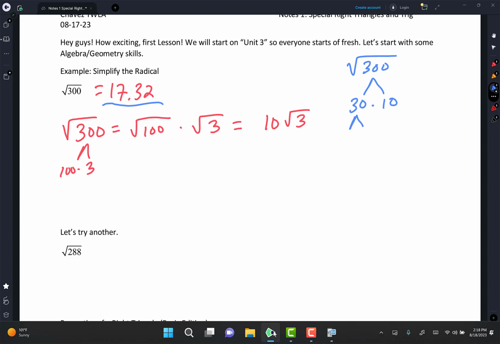I know that 30 is 3 times 10. Notice I have two 10s here. As soon as you have a pair, you can take it out of the radical, and this becomes 10. What I have left under the root is square root of 3. And there it is, 10 square root of 3, the same thing. So it doesn't matter how you go, you'll always get the same answer. Does that kind of make sense, guys?